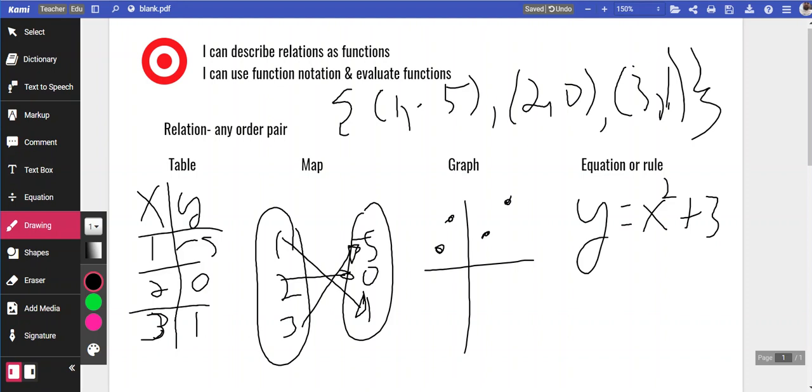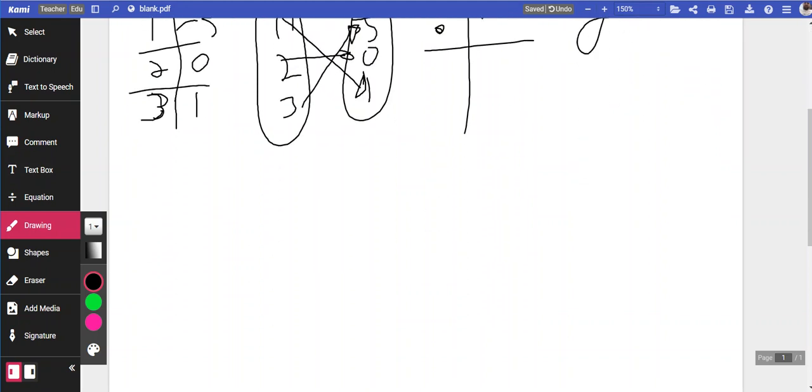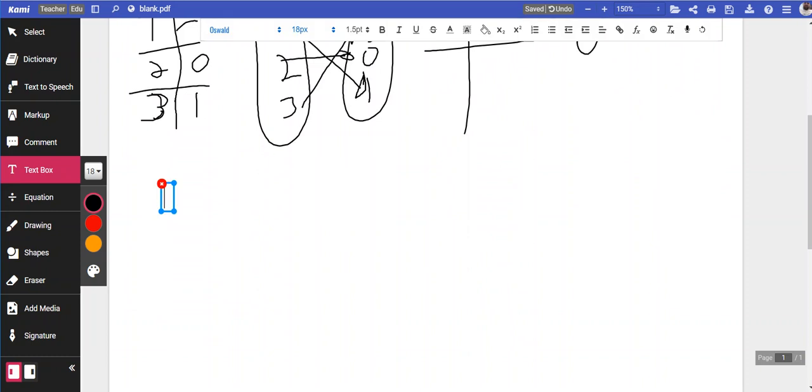Now, when you have a relation, you have a couple things that you need to be aware of. One of them is domain. Now, what is domain? Domain is what we call the input. You can call it the x values.